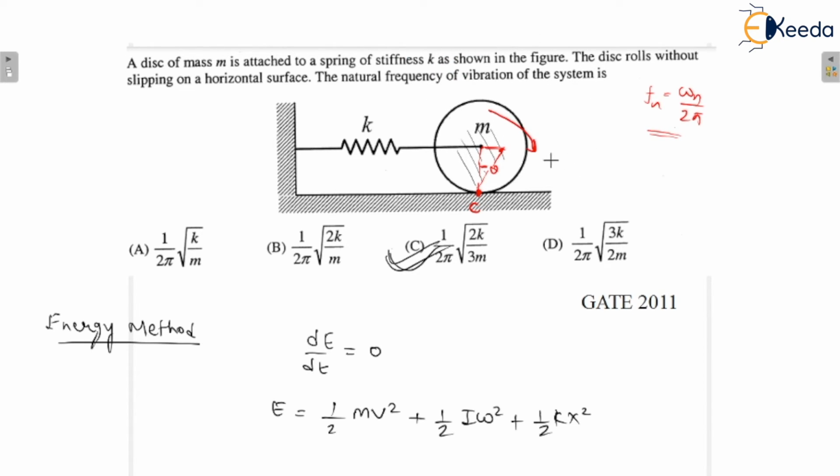Then I theta double dot is the inertial torque in the opposite direction of motion, and there will be a torque because of the spring force.